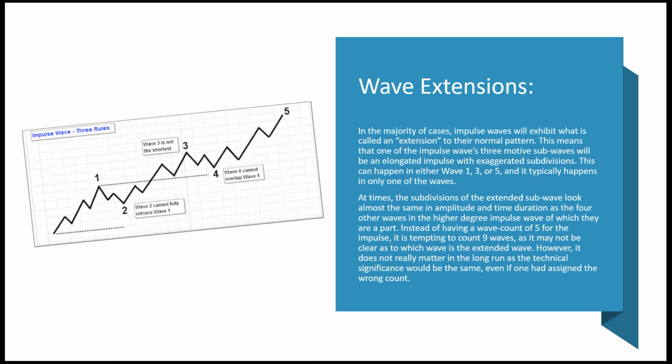Now, in the majority of cases, impulse waves will exhibit what is called an extension. This means that one of the 3 motive subwaves will be elongated, an elongated impulse with exaggerated subdivisions. This can be wave 1, 3, or 5, and it typically happens in only one of these waves.